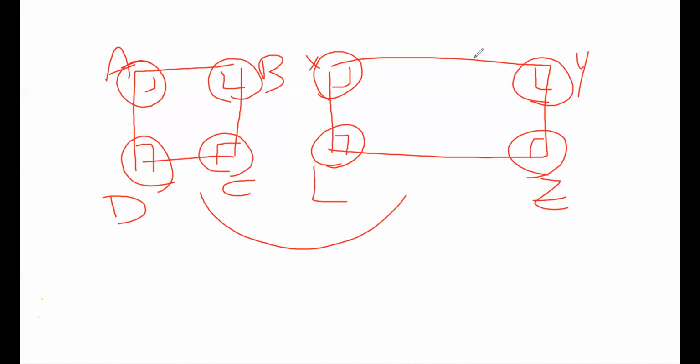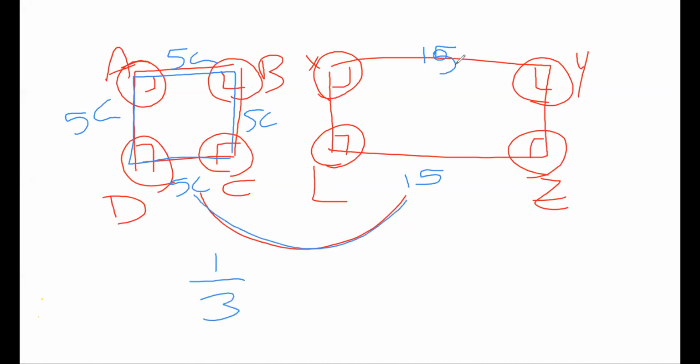Because the sides of the square are all equal in length. If this one is 5 centimeters, then 5, 5, 5. It is a must, a property of the square, that all sides are equal. Even if I put these sides 10 or 15, so this will be 15, then 5 divided by 15 will be 1/3. So the ratio between the two sides is 1/3.